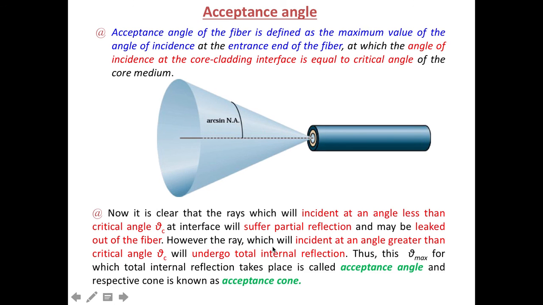However, the ray which is incident at an angle greater than the critical angle theta c will undergo total internal reflection, and thus this theta max for which TIR takes place is called the acceptance angle, and the respective cone is known as the acceptance cone.